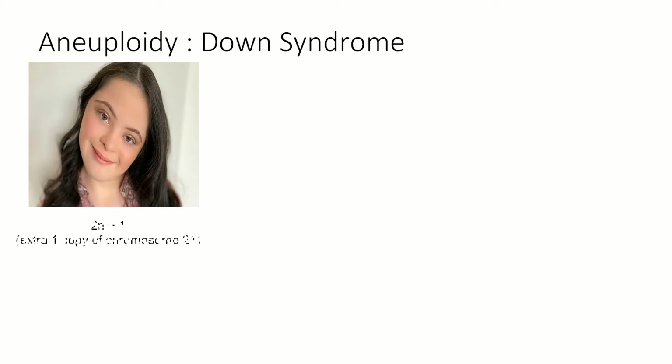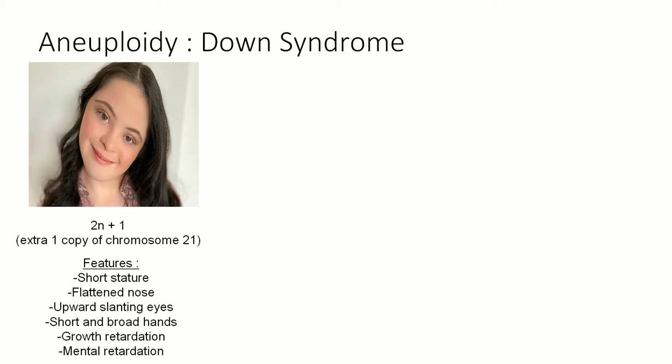This individual is 2n plus 1, or in other words, carries 47 chromosomes because they have an extra copy of chromosome number 21. These are the features of Down syndrome individuals: short stature, flattened nose, upward slanting eyes, short and broad hands, growth retardation, and also mental retardation.